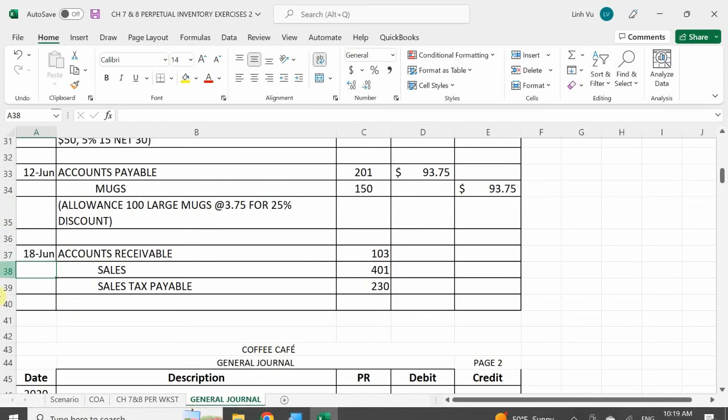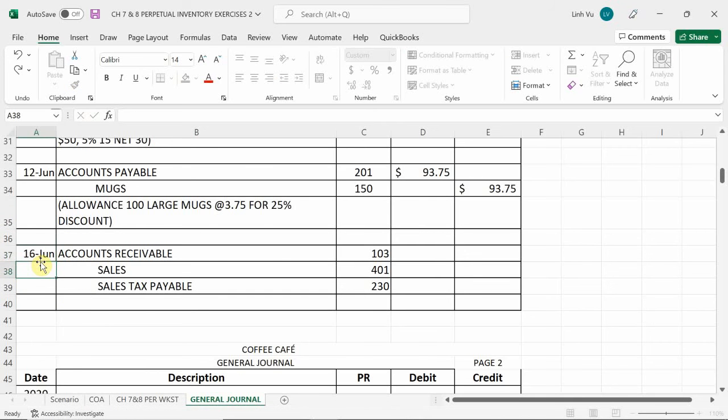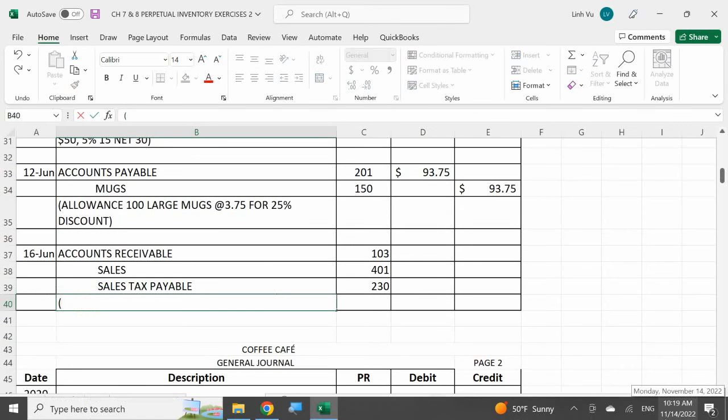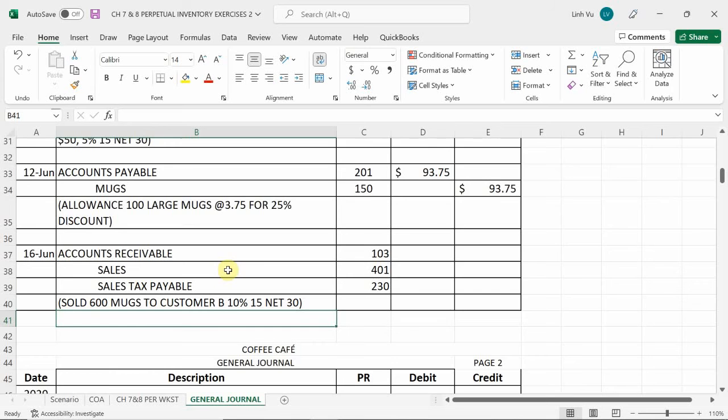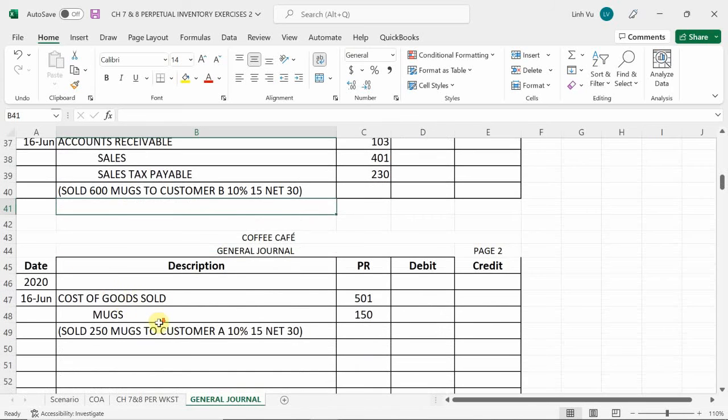And we sold 600 units. It's up to you if you want to put your terms here. 10, 15, net 30. Okay, and you also want to adjust this one too.